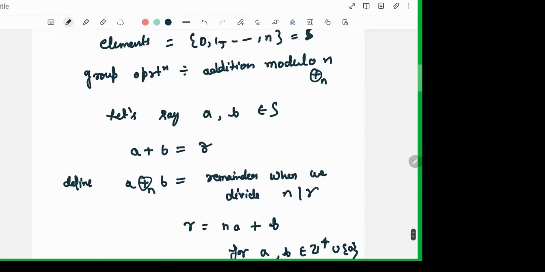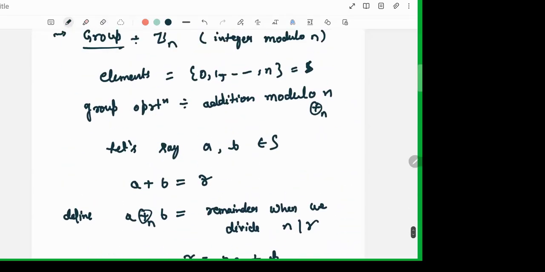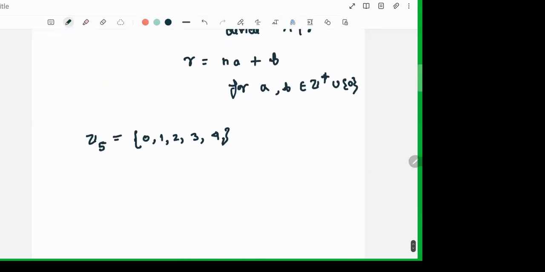In general, 0, 1, 2 up to n minus 1. Can you now define the sum of each of the elements? That will be good. Let's write some sums for you, maybe this will be clearer.